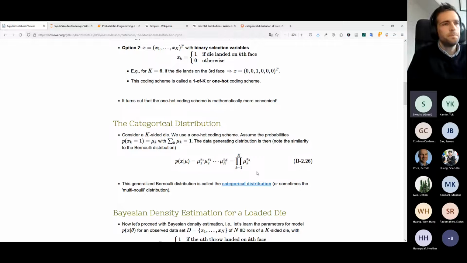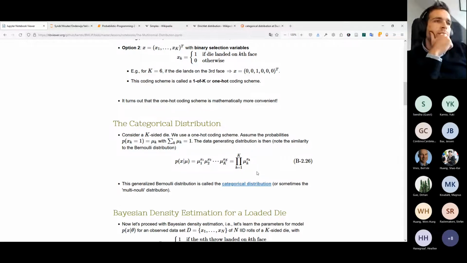Well, it's related to what we just discussed. In the binary case, if I have a coin, and I know that it's not heads, then I automatically know it's tails. So I can encode those two options with some probability for heads and some probability for tails.